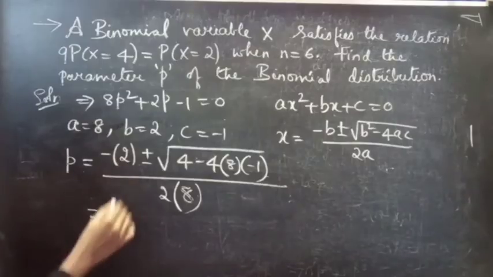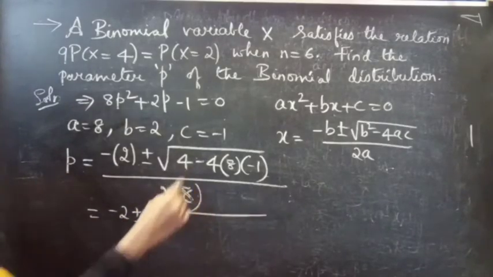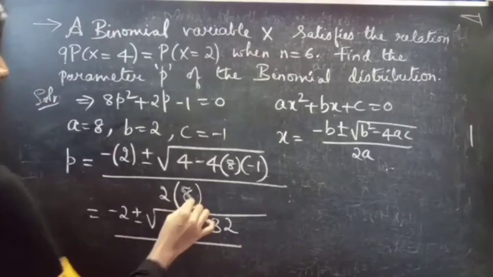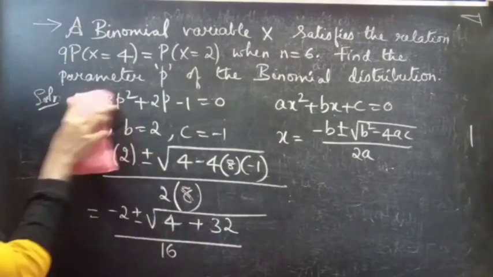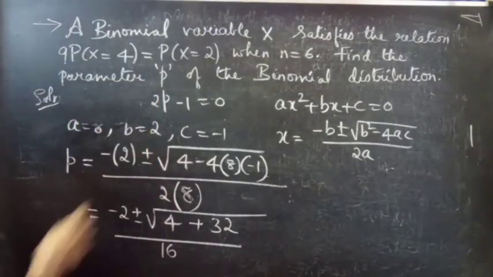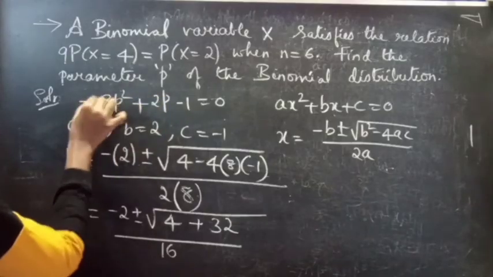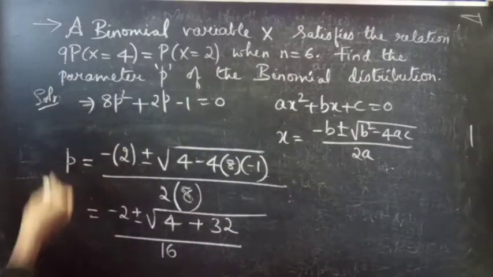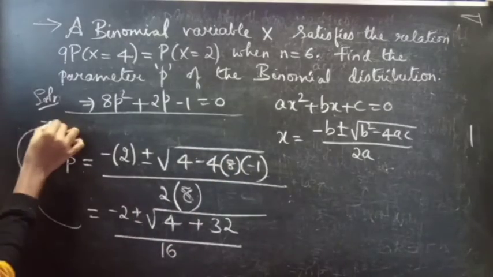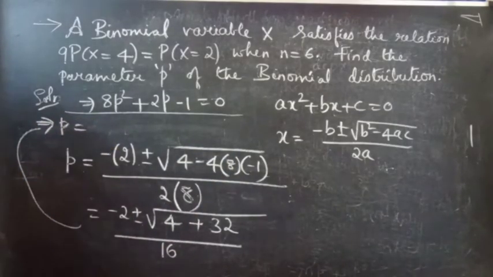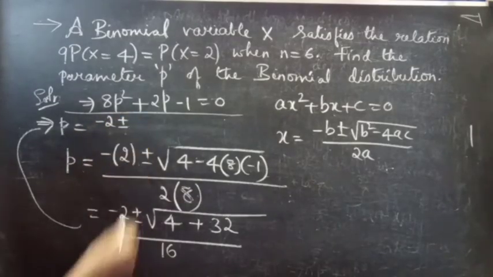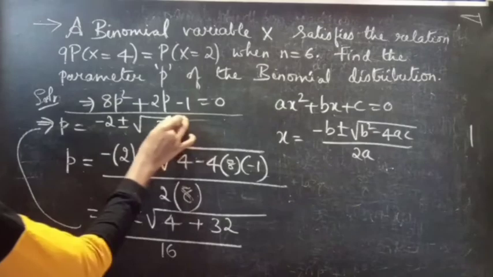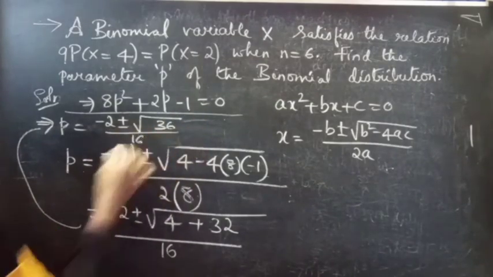So this is equal to minus 2 plus or minus square root of 4 plus 32, since 4 8s are 32, by 2 8s are 16. So p equals minus 2 plus or minus square root of 36 by 16.